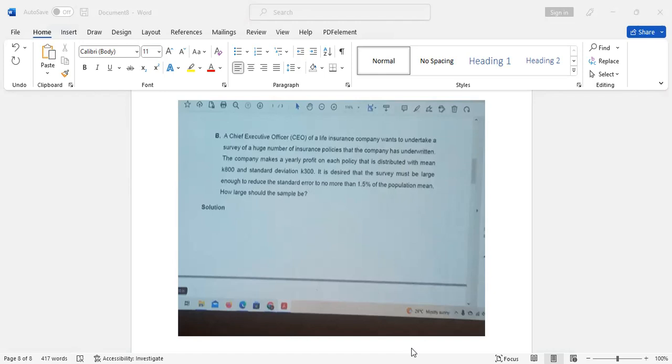Okay, so let's go through the question slowly and critically. The CEO of a life insurance company wants to undertake a survey on the number of insurance policies that the company has underwritten. The company makes a yearly profit on each policy that is normally distributed with a mean of 800, and standard deviation is what?